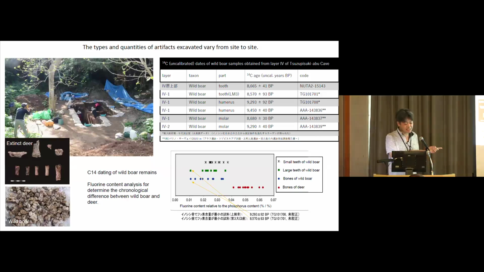So it indicates that they originally come from different chronological ages. And this kind of information is very important for considering the sedimentation process of this site. So we are very happy to know this through the destructive analysis.